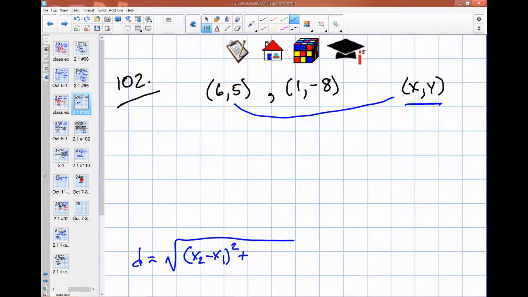It's basically the Pythagorean theorem, right? Remember that guy? The distance from 6, 5 to x, y, or the other way around, well, that would be the square root of x minus 6 squared plus y minus a negative, so y plus 8 squared.